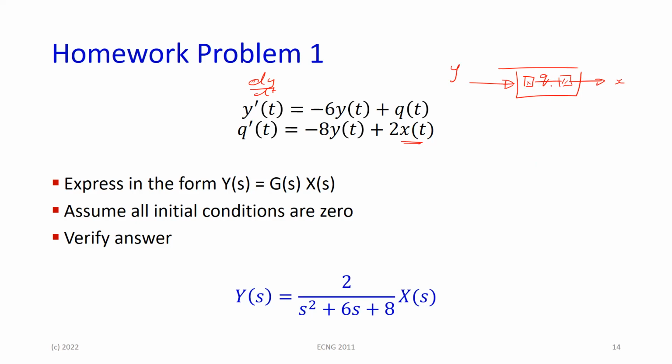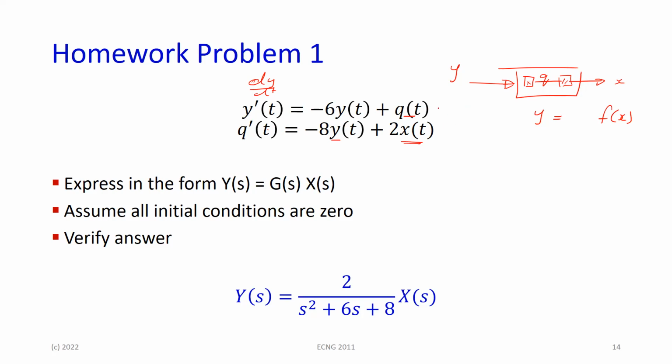What we are interested in is the relationship y equals f(x). We don't care what q is, so we have to eliminate q. To eliminate q, you have to substitute. So the job here is to eliminate q from this.